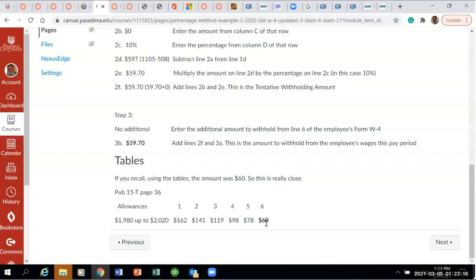No additional withholding or anything. So that's it, $60. So it's very close.